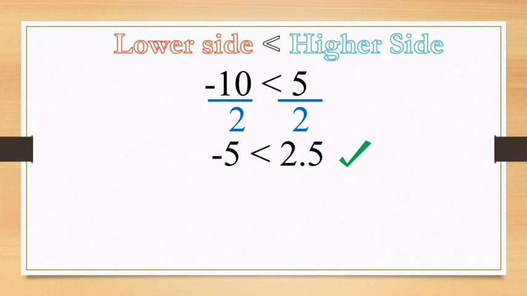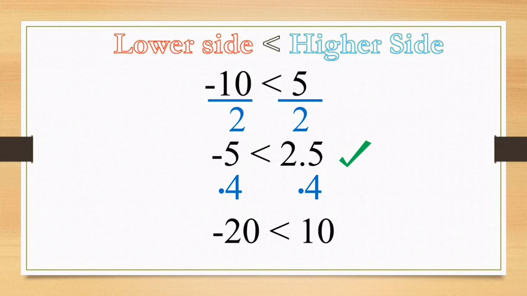So dividing didn't change the truth of the inequality. What about multiplying? If I multiply by 4, -5 times 4 and 2.5 times 4 gives me -20 < 10. That's true too. So multiplying, dividing, adding, and subtracting did not affect the truth of the statement.